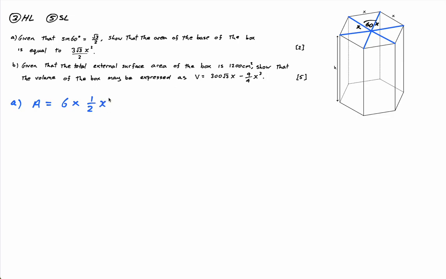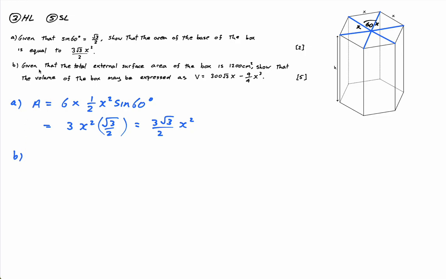That's straight out of the formula booklet, a half ab sine C. So it's sine 60 degrees. 6 times a half is 3, so that's 3x squared. And sine 60 degrees is root 3 over 2. They gave us that. And this is obviously then equal to 3 root 3 over 2 x squared, which is what they wanted us to show. Okay, so that one wasn't too bad.